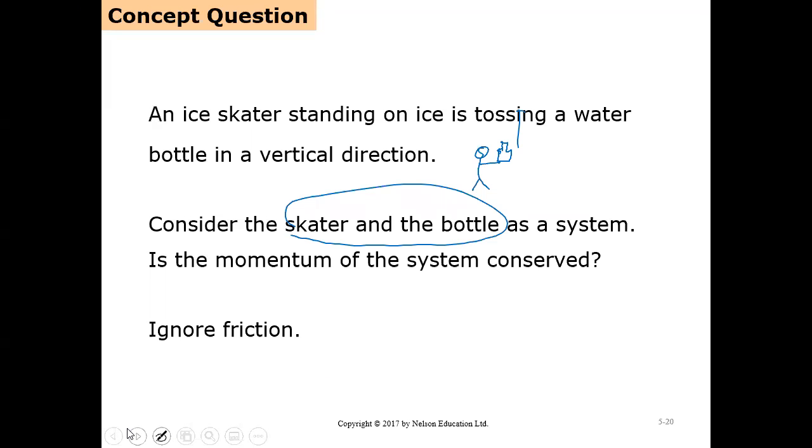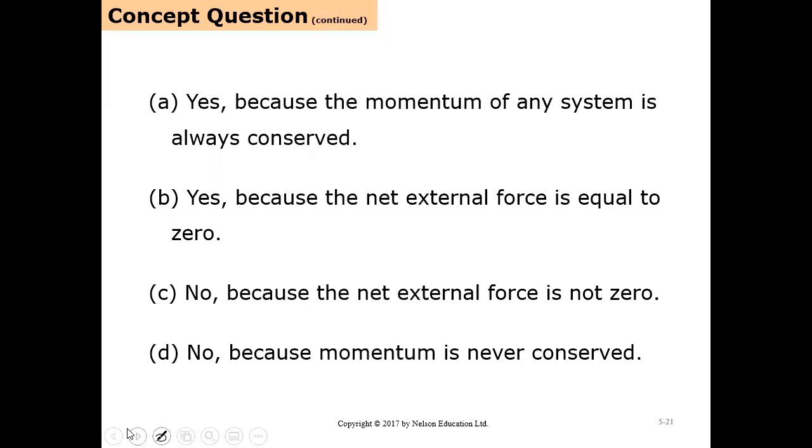If the net force is zero, we can say it is conserved. If it is not zero, we will say it is not conserved. Let me go to the answer choices. Let me look at choice number one. You say, yes, it is conserved because the momentum of any system is always conserved. Do you think this is a correct statement? No.